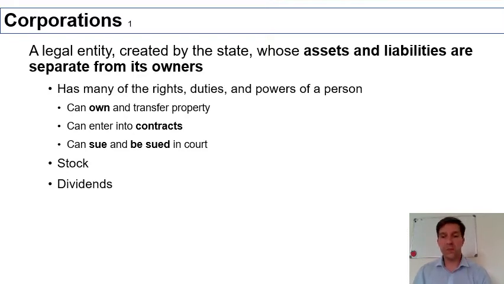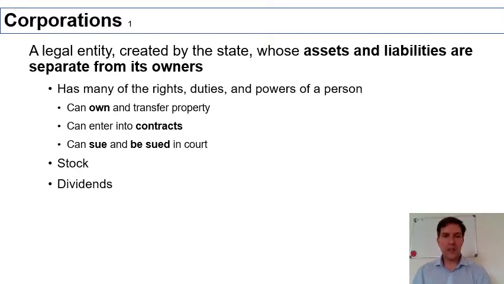So the corporation can hire people, right? And also, if there is a situation where there is a negative impact, the corporation can be sued, and the corporation, if it feels like it's been damaged in some way by somebody or another corporation, it can actually sue the other corporation or that other individual.